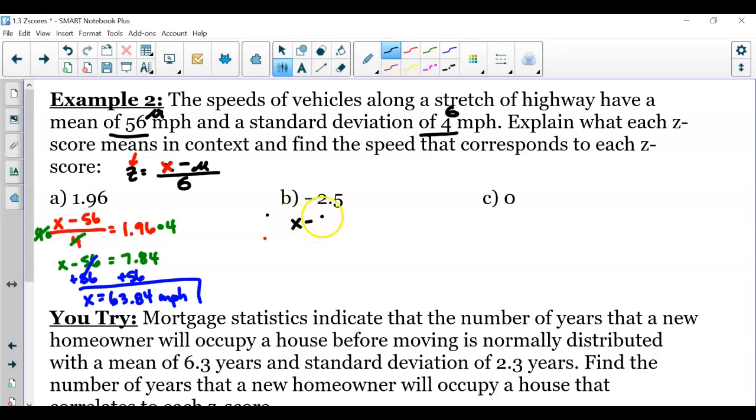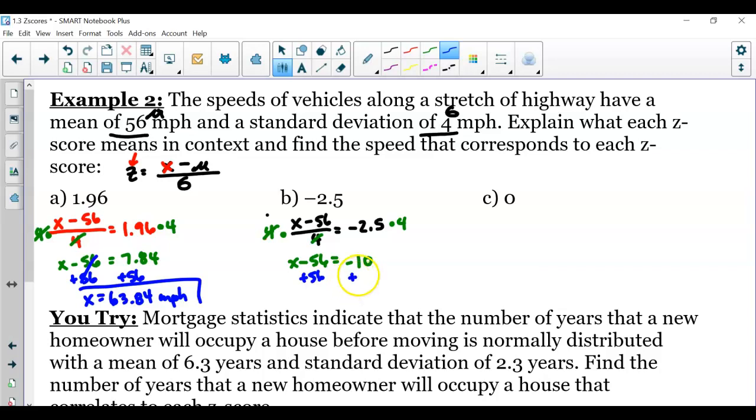So same thing again, we're looking for x and converting. So x minus 56 divided by 4, but now equal to the z-score of negative 2.5. So again, we've got to get rid of our fraction. If we're dividing by 4, multiply by 4. So now I've got x minus 56 is equal to negative 10. Then last, what do we need to do?